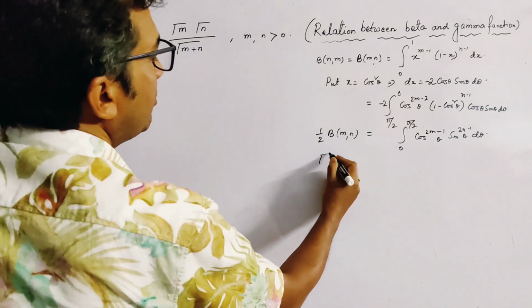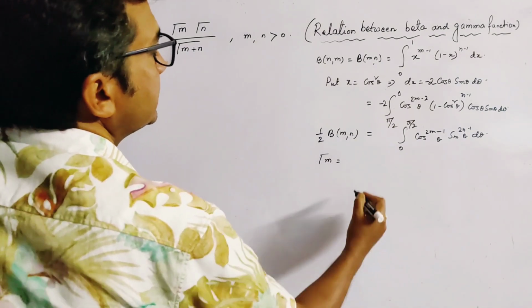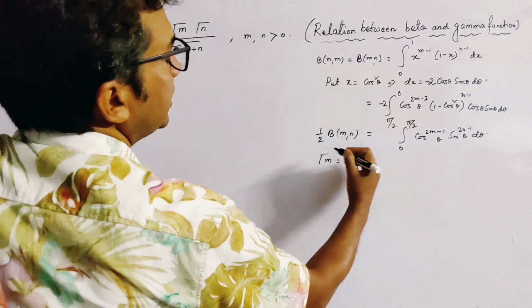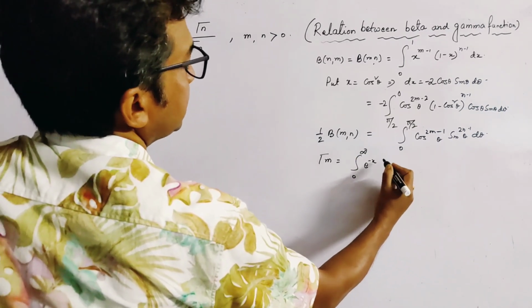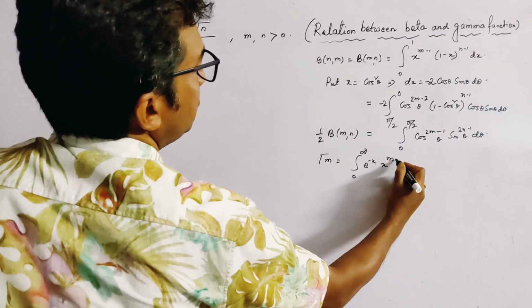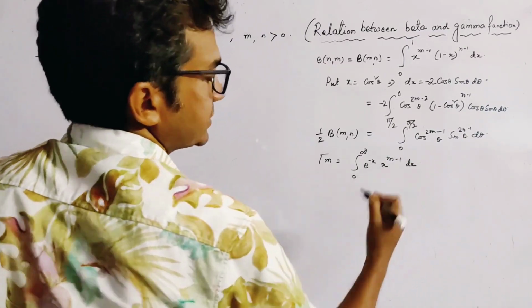Now we know that gamma m is equal to integration 0 to infinity e to the power minus x into x to the power m minus 1 dx.